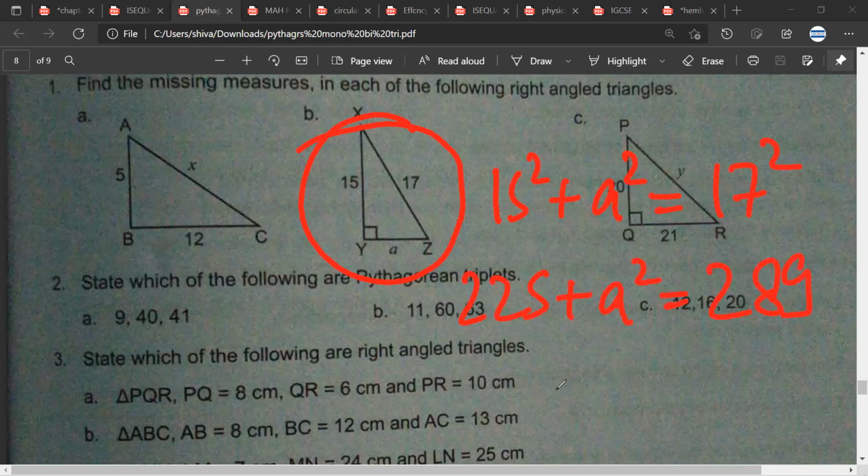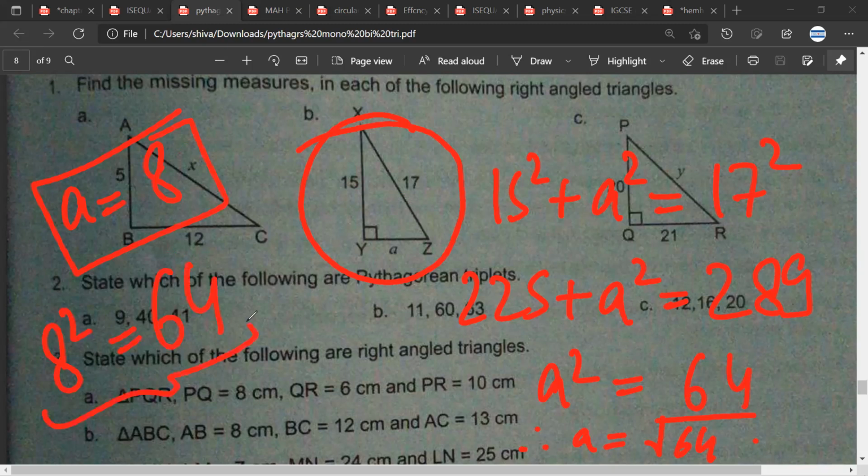You solve for a square, this would be 64. Therefore, a would be equal to root of 64. And then you do the prime factorization and you will find the answer to be 8. Why 8? Because 8 square is 64.